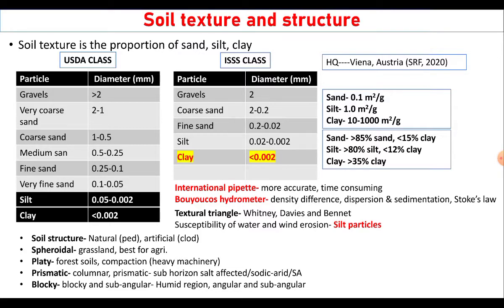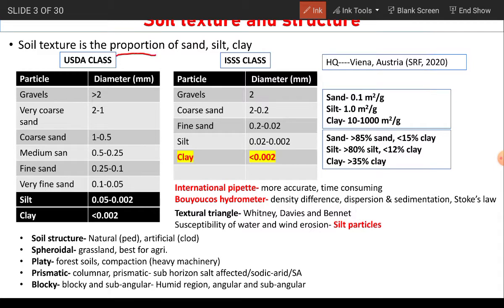Soil texture, you might be knowing, is the proportion of sand, silt, clay, the primary particles, and the type of arrangement of this sand, silt and clay is called soil structure.